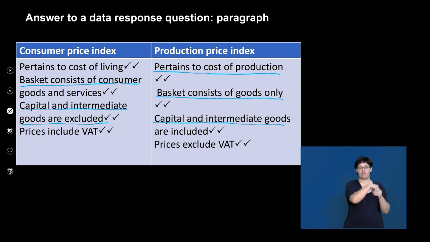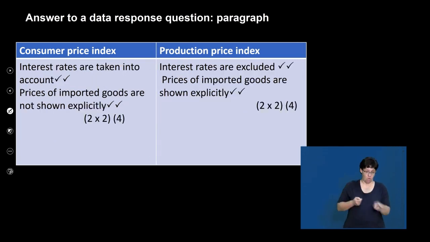For consumer price index, prices include VAT, and for producer price index, prices exclude VAT. Interest rates are taken into account for one, and excluded for the other. Prices of imported goods are not shown explicitly in one, and are shown explicitly in the other.